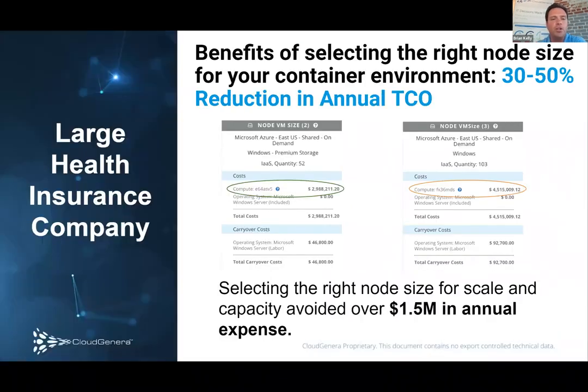Here's an example of a large health insurance company that's leveraged the CloudGenera platform to perform this exact analysis. Leveraging CloudGenera, they were able to estimate their total cost of ownership running their containerized environment in 2 different instance types, a 32 core configuration and a 64 core configuration, and observe the variability in price.